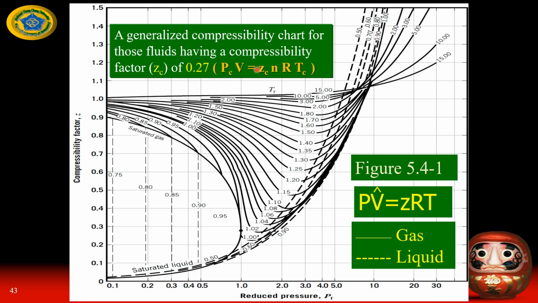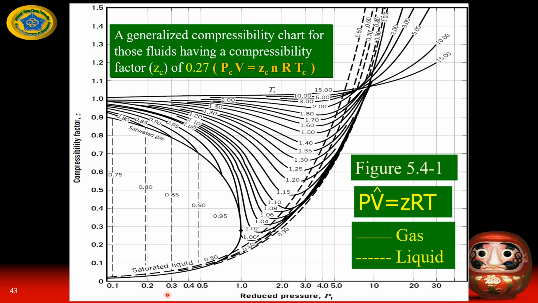So once you know TC and PC, you get ZC. This chart is suitable for ZC close to 0.27. But at this moment you don't need to worry about this, because the important thing is to know how to get Z from this chart. That's the most important thing right now.